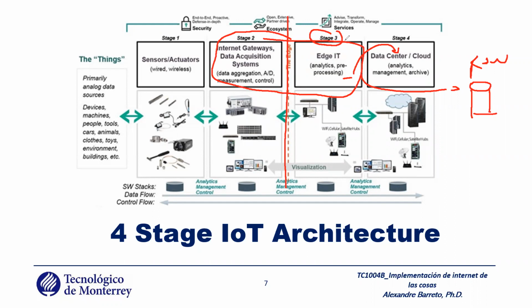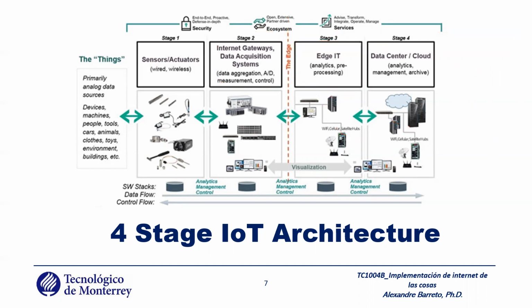In the edge, you can apply some artificial intelligence algorithms, and you use this capability to avoid sending redundant information to the cloud. You only send the required information to the cloud. Using this approach, in the first stage, you have a more efficient system to use in the IoT. Okay. Any questions? No.